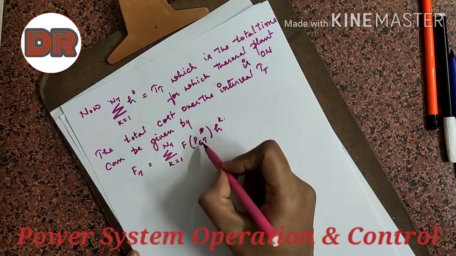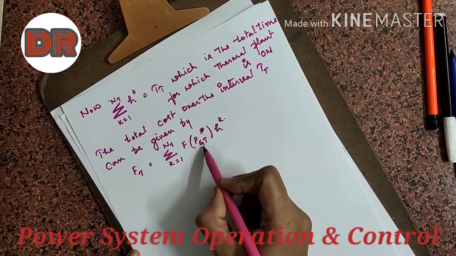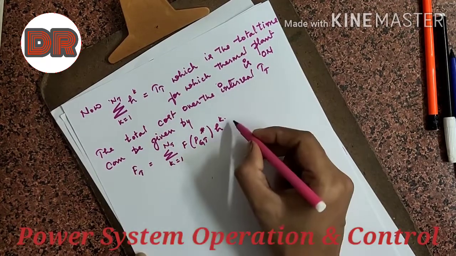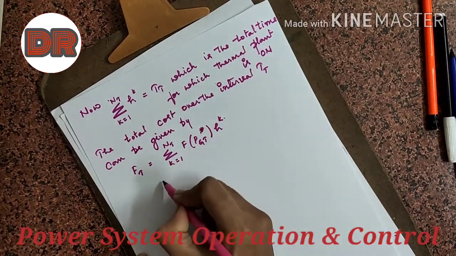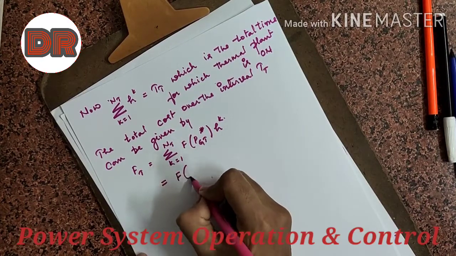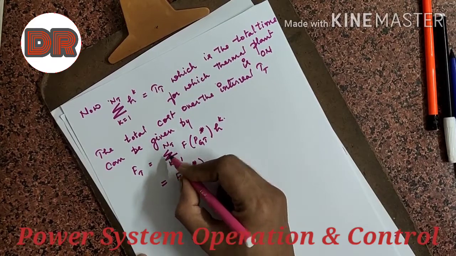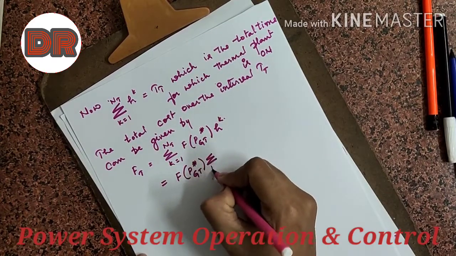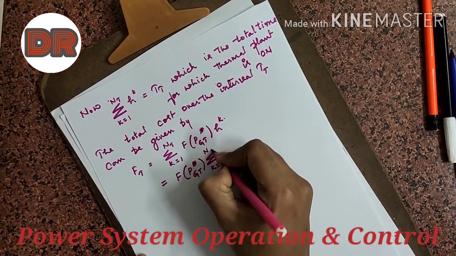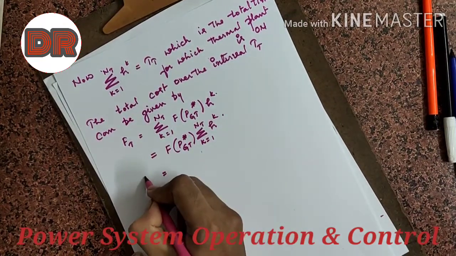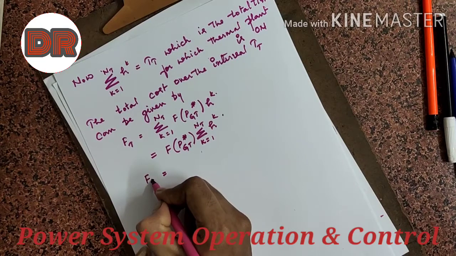And with the constant incremental cost, Pgtk is replaced by Pgt star. So now let me write this as f of Pgt star, and the summation sign I will take here. So this is k is equal to 1 to nt of hk.